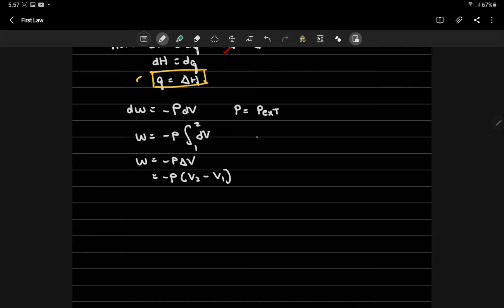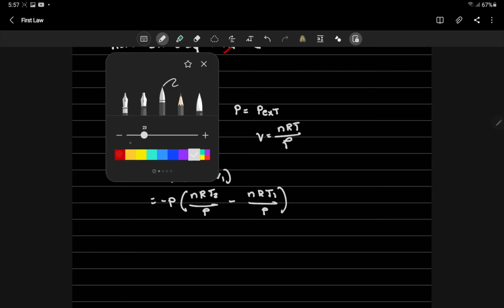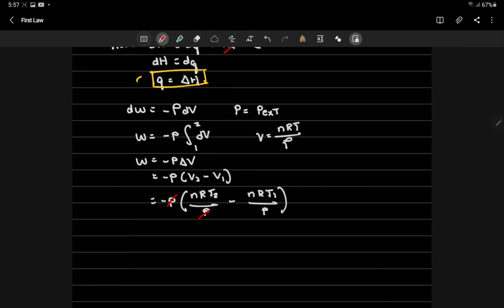But, from the ideal gas equation, naalala mo, V equals nRT over P. So, minus P, yung V2 will be nRT2 over P minus nRT1 over P, where P is constant. So, what happened is, makakancel natin si pressure. So, cancel yan, cancel yan, cancel yan.